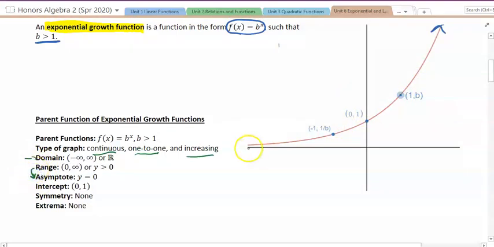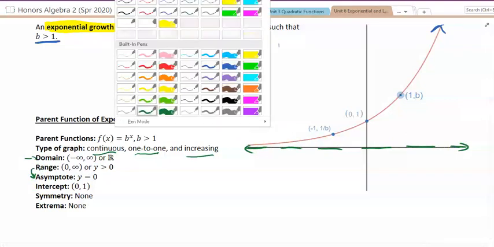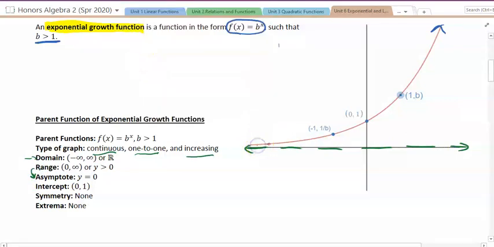Now, the asymptote, like we said, is a line where the graph is going to trend towards it as we go very far out. Because what's going to happen is this red line is not going to cross the x-axis, but it's going to get ever closer and closer to it, so close that we can't even tell that it's not touching.